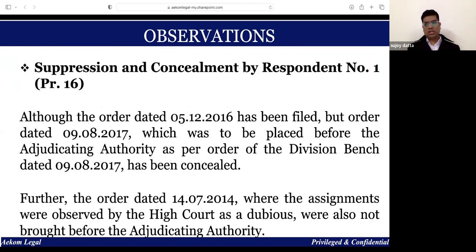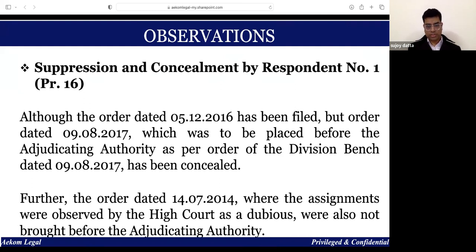Coming now to the observations on the first issue. Now, the court noticed in para 16 of the judgment that while the petitioner had filed the initial judgment of the single bench of the Calcutta High Court, which had allowed its application calling for a special meeting of all creditors, it suppressed the division bench. So it is clearly a sharp practice, and it is clearly very poor conduct on the part of any litigant to file an order, but not to disclose that this order has been reversed in appeal, and not to file the appellate order.